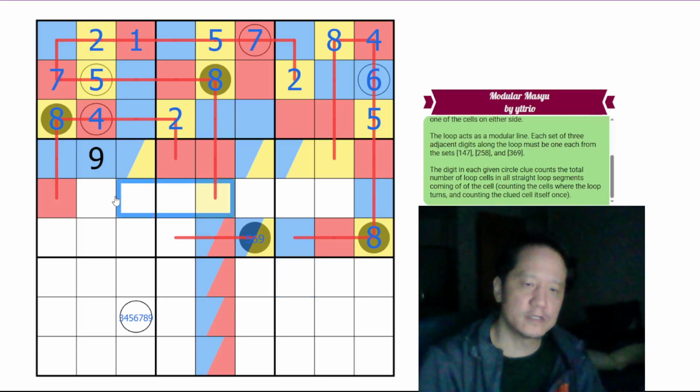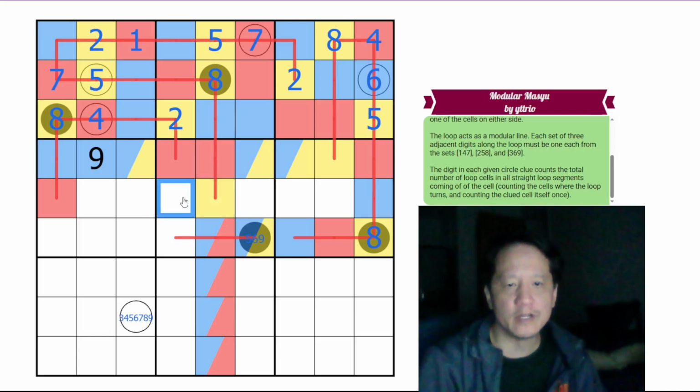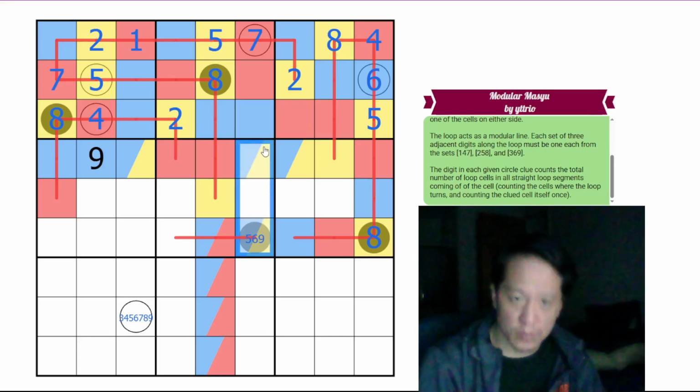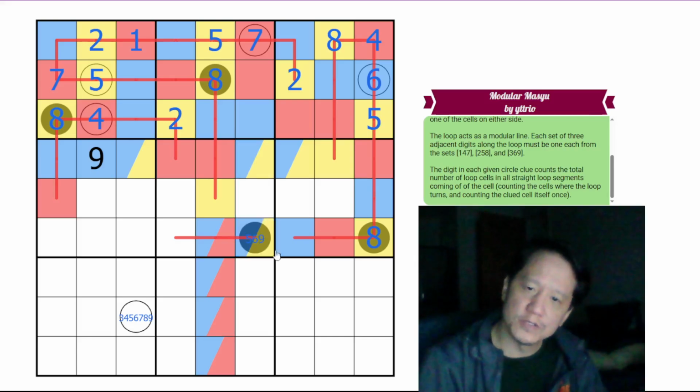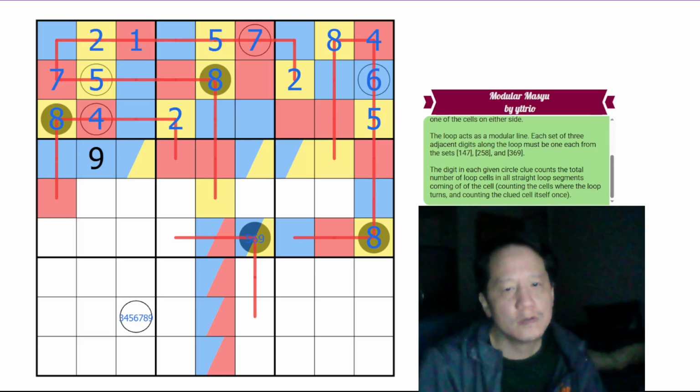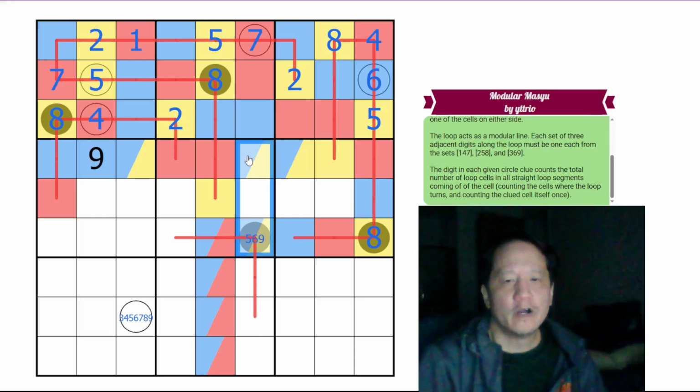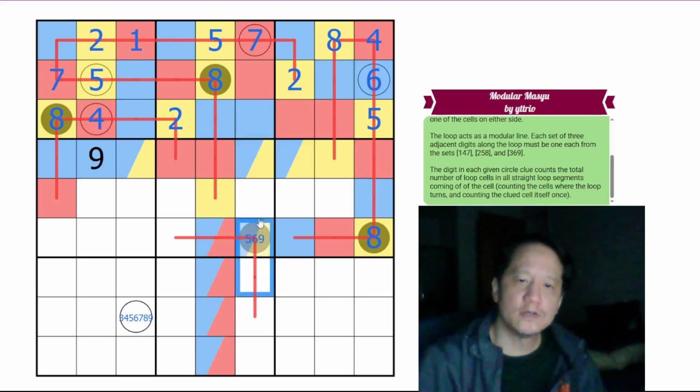So this connects to here somehow. We have red, yellow. It cannot go here. So this has to go this way. Why is that the case? If we go this way, this has to go this way.